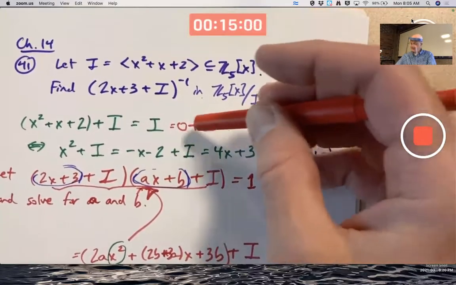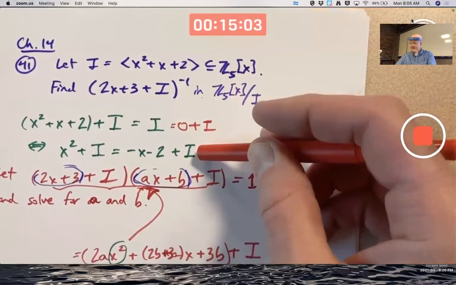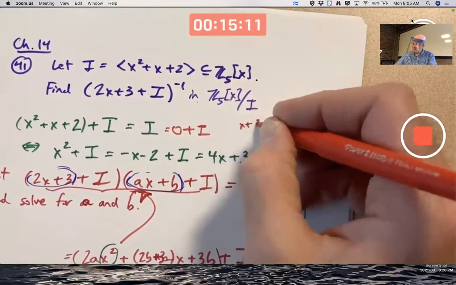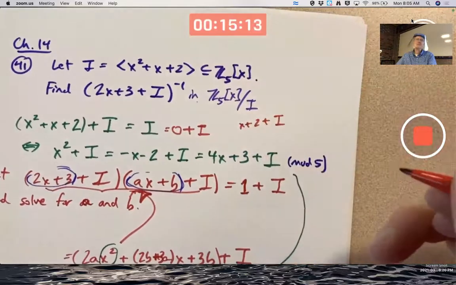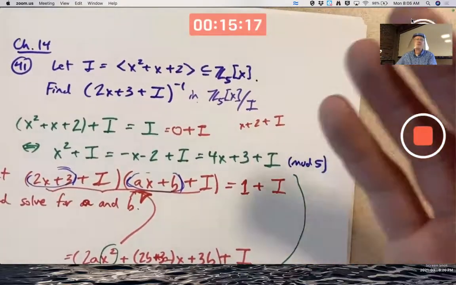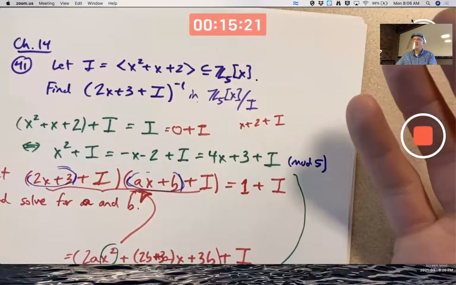And effectively, to get from this line to this line, I subtracted x from both sides and subtracted 2. Really, I subtracted x plus 2 plus I from both sides. But the I always just is there as a placeholder to remind you it's a coset. It doesn't really get involved in the calculation.